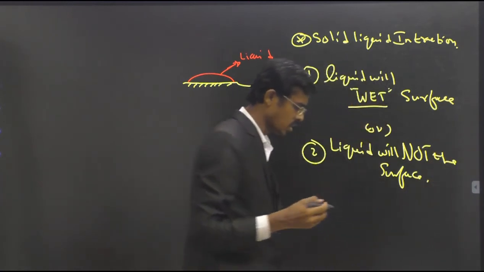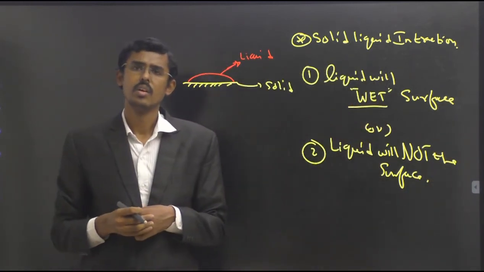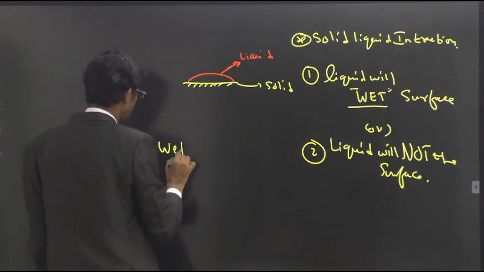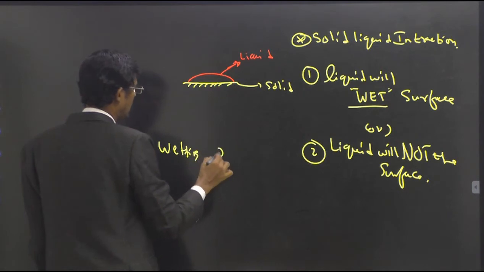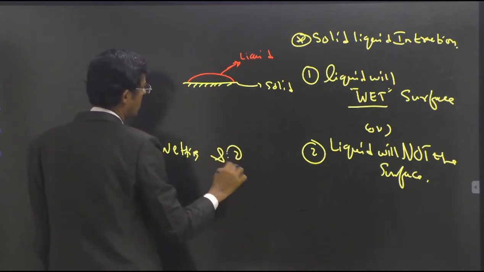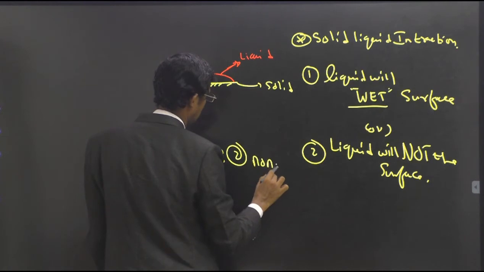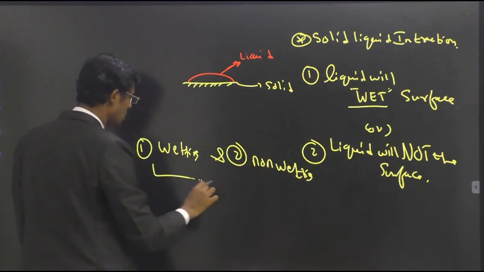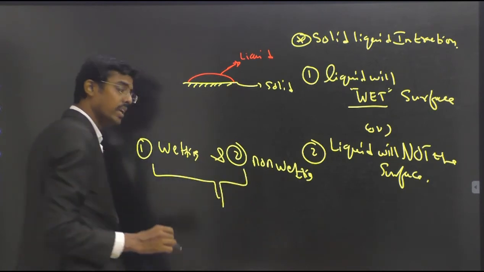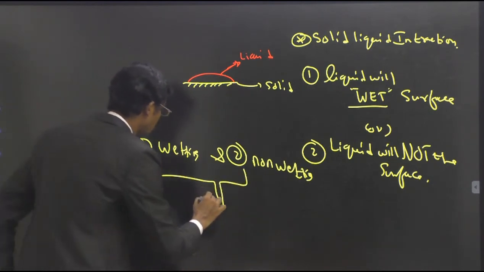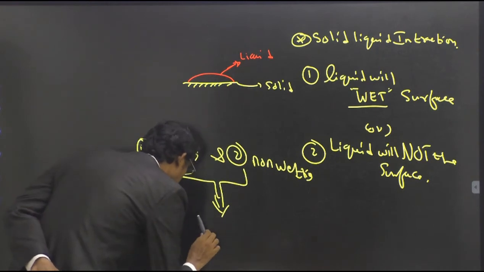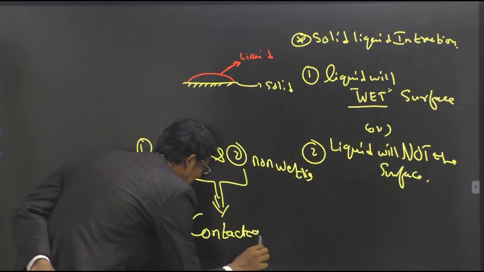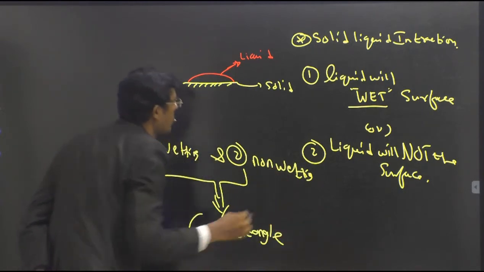Notice that there are two options, wetting and non-wetting. Both depend upon one property, which I am calling the contact angle.